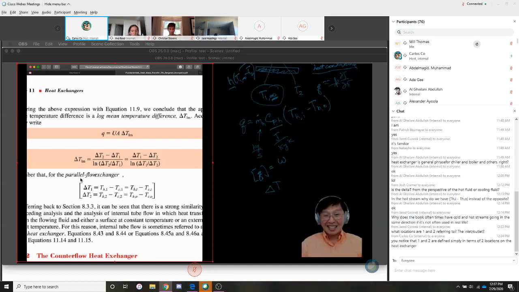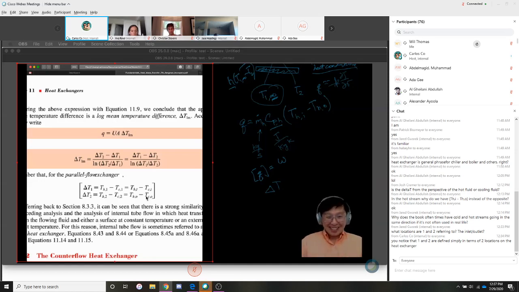Well, you notice that our mathematical analysis is still all the same. Everything is the same. The only difference is that if it's counterflow at position 1, if this is the inlet of the hot stream, then this one here is going to be the outlet of the cold stream. And if this is the outlet of the hot stream, if it's countercurrent, then this one should be the inlet of the cold stream.